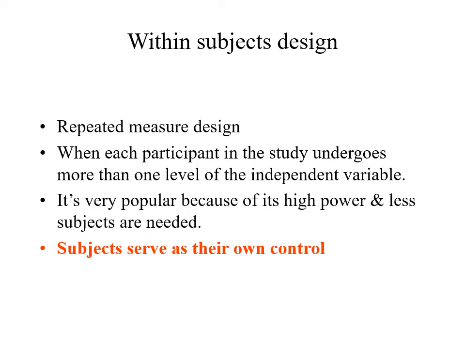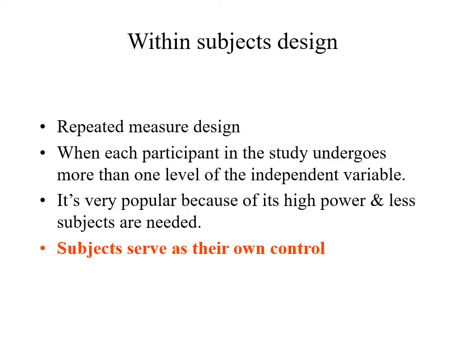All right, now within subjects design, another term that you've heard is the repeated measure design. This is when each subject in the study undergoes more than one level of the independent variable. Let's say you're interested in the effect of coffee consumed on attention.